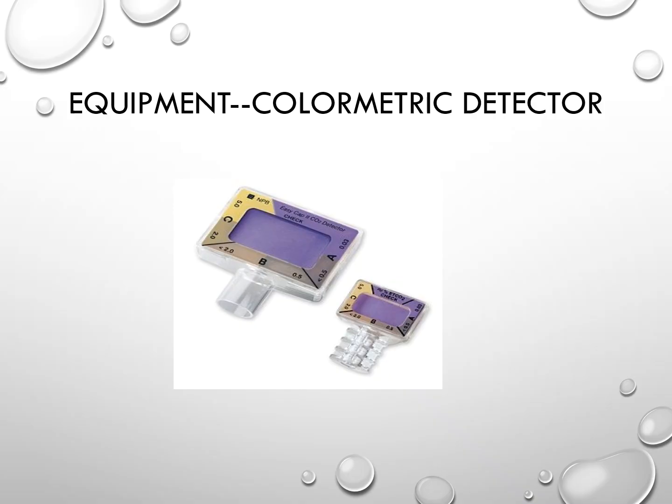These are one-time use only, so these are to be disposed of. They've been around for probably 20 or 25 years, but their introduction at that time was kind of revolutionary. And again, if you don't have access to waveform capnography, this would be an excellent choice.